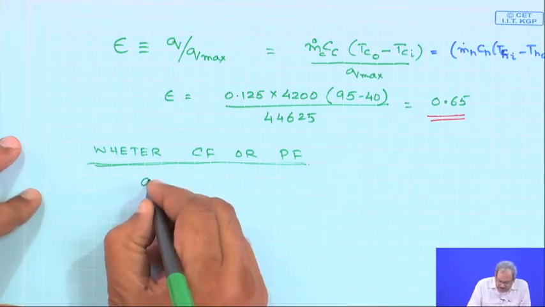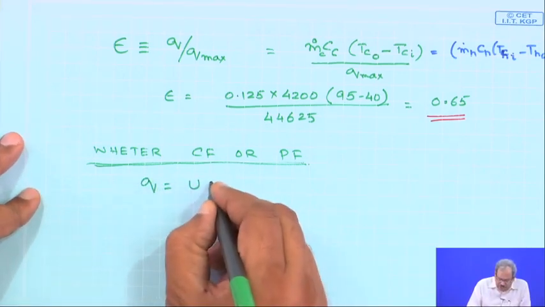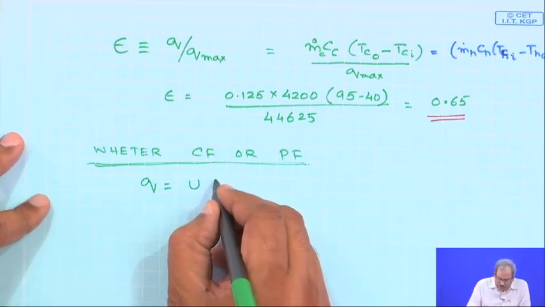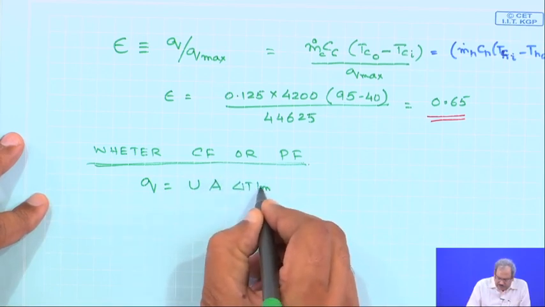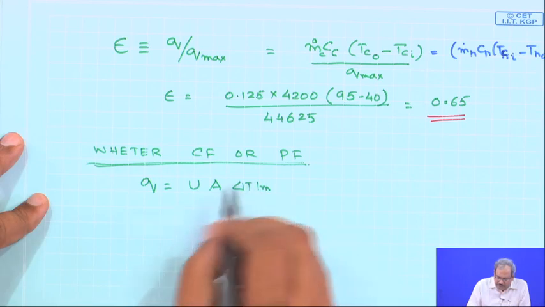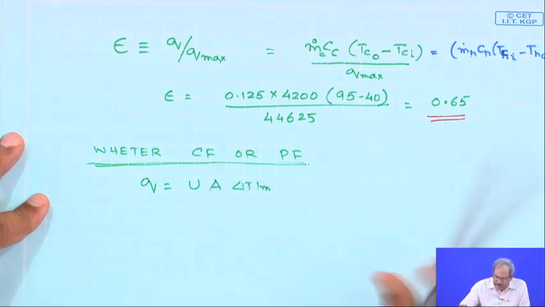We understand that Q is equal to U, which is the overall heat transfer coefficient, times A, the heat transfer area which is required, times delta T L M, the log mean temperature difference.